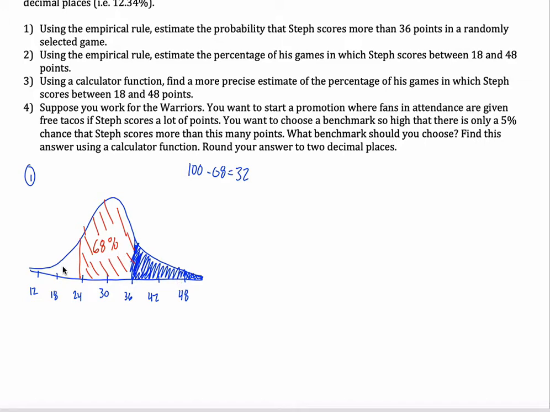There's also this white portion over here. However, because our distribution is symmetric, we know that the white region is the same as the blue region. So if together those comprise 32%, then individually each one comprises 16%. So the blue shaded region, which is the answer to the question I'm looking for, has an area of 16%.